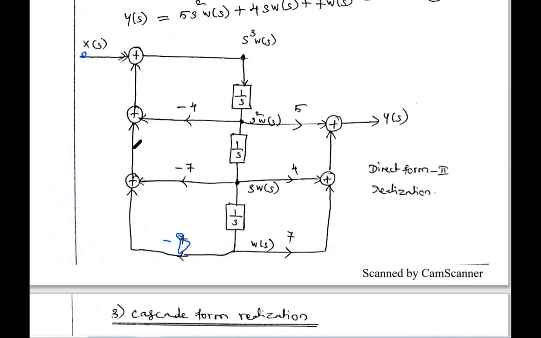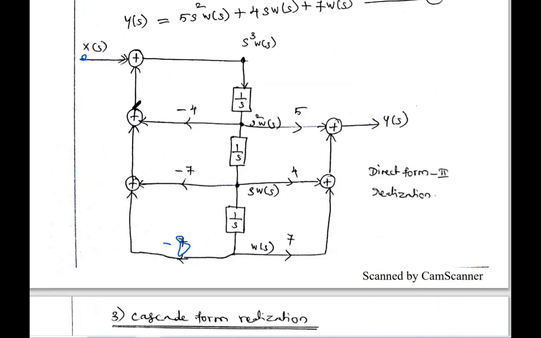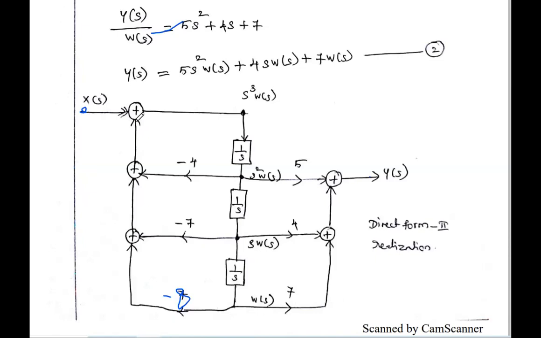Then the output of this adder is given to this adder. So for this adder, this output and this minus 4 s square W of s are added. So this adder output is given to this adder. So finally, what is the output available for this adder? This adder output is X of s minus 4 s square W of s minus 7 s into W of s minus 8 into W of s, which is equal to the output of this adder.